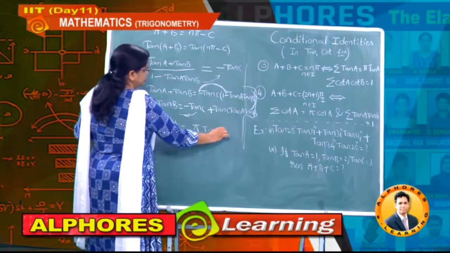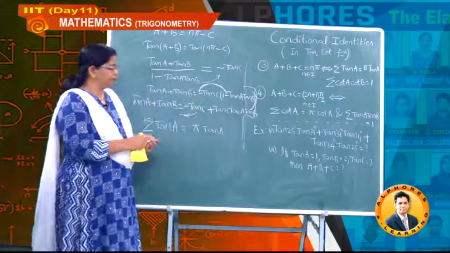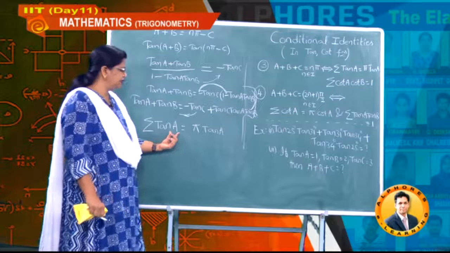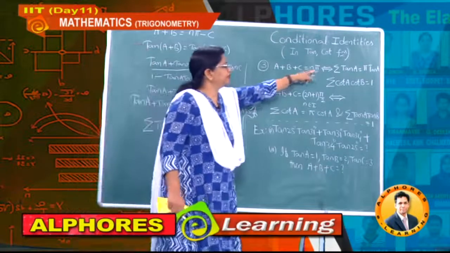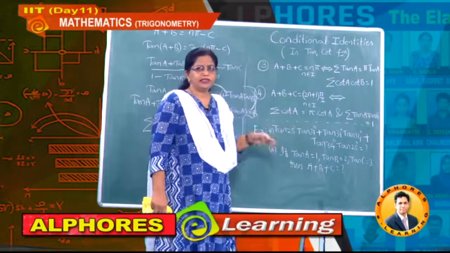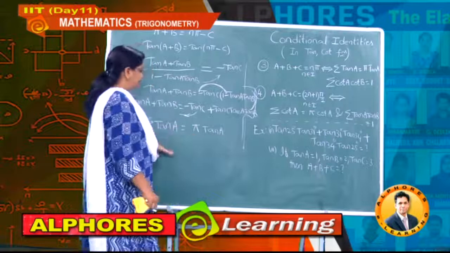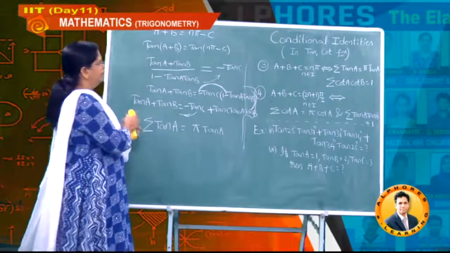So students, whenever you observe a plus b plus c equal to n pi, then what is our answer? Sigma tan a is pi tan a. Observe here, we use this symbol. It indicates implies as well as implied by. So implies we proved now. This is what actually implies.